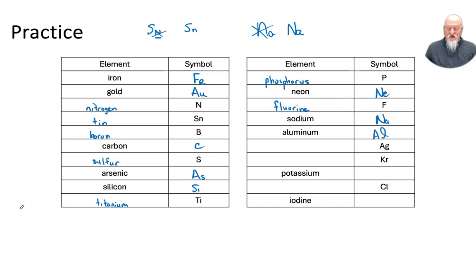Ag is argentum, which is silver. Kr is krypton. Not kryptonite, simply krypton. Potassium is K. Cl is chlorine. And iodine is I. Right?